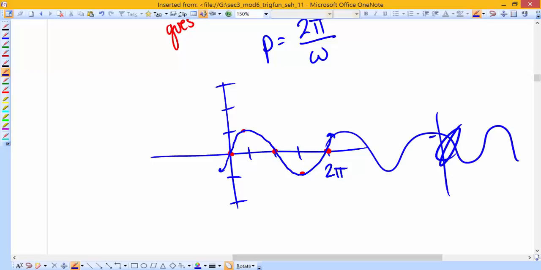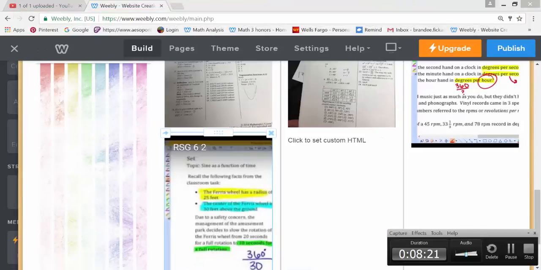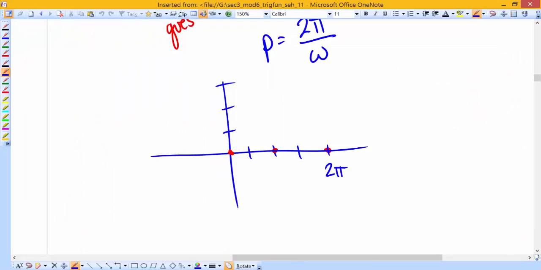So there's my very basic sine graph. Hold on, my computer's being silly. Hopefully it continues to work.